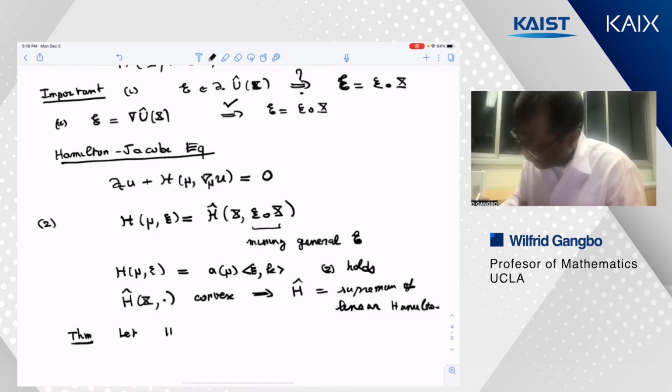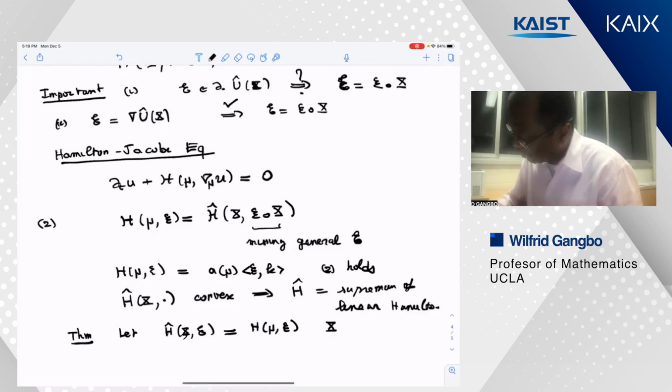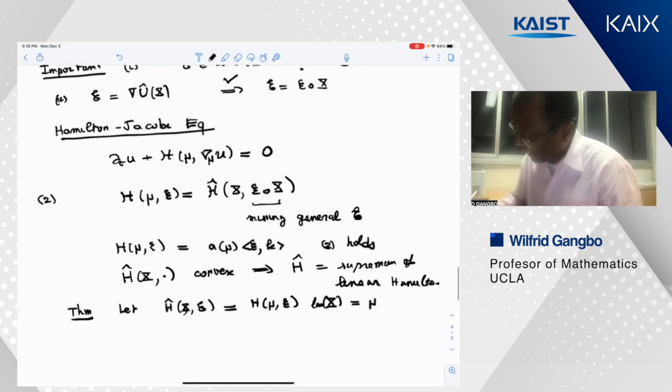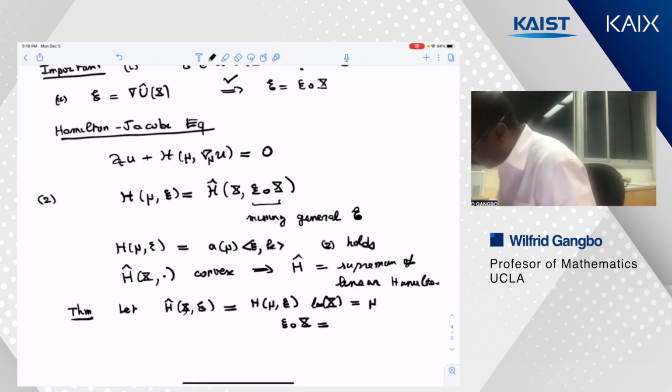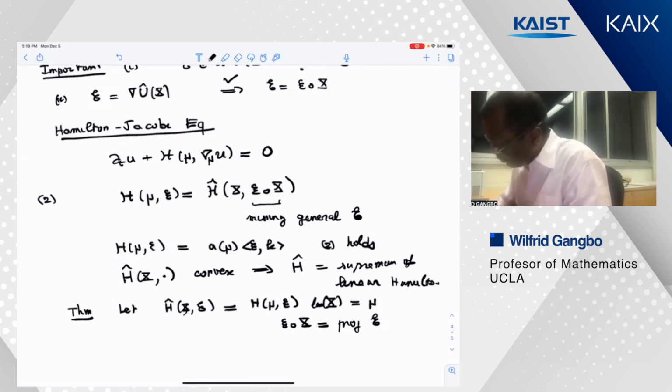Let H hat of x, psi be H of mu, psi, where the law of x is mu, and psi composition x is the projection of zeta on what I will call gradient fx.